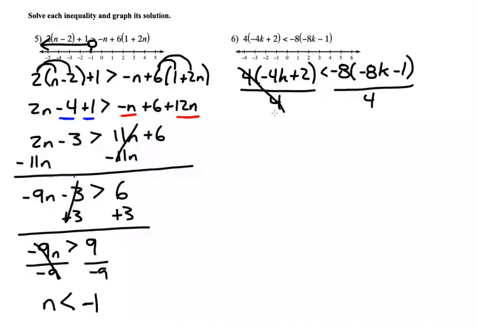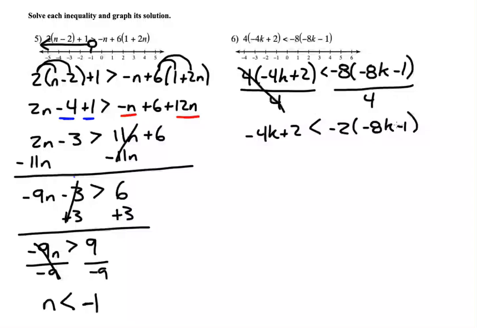So if I cancel these, now on the left I just have negative 4k plus 2, and on the right, negative 8 divided by 4. 8 divided by 4 is 2. A negative divided by a positive is a negative. And it's still multiplied by negative 8k minus 1, and it's greater than that.